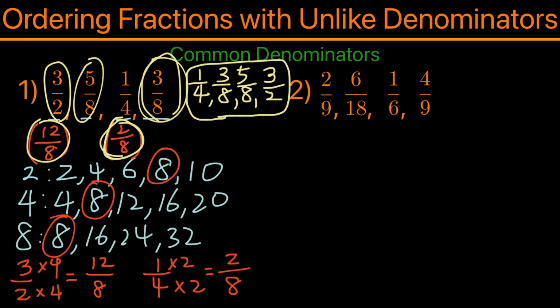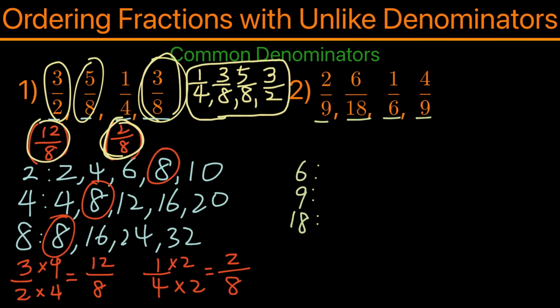Now let's move on to example number 2. And again, we're going to find the least common multiple. The denominators are 9, 18, and 6. So we'll go 6, and then 9, and 18. Since we have 2 9s, we only need to find the least common multiple for 1.